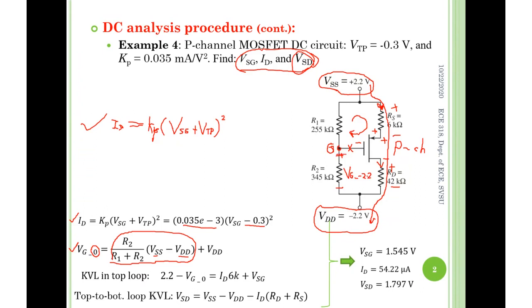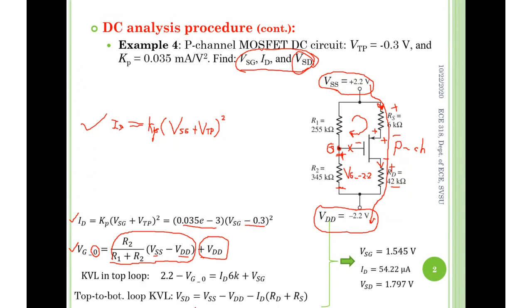The voltage across R2 is the voltage from the gate with respect to the negative 2.2 rather than ground. How do we find the voltage with respect to the ground? You need to add the bottom negative 2.2 volts. Does it make sense? This is how to find the voltage at the gate with respect to the ground.